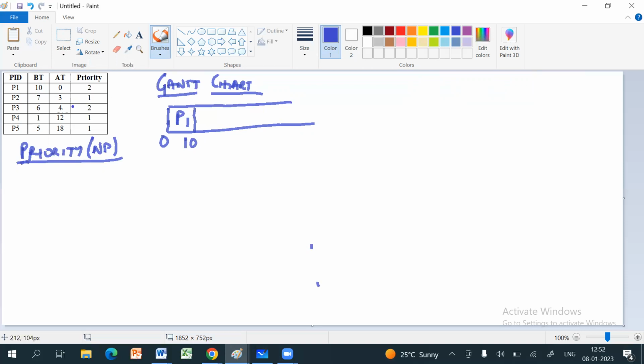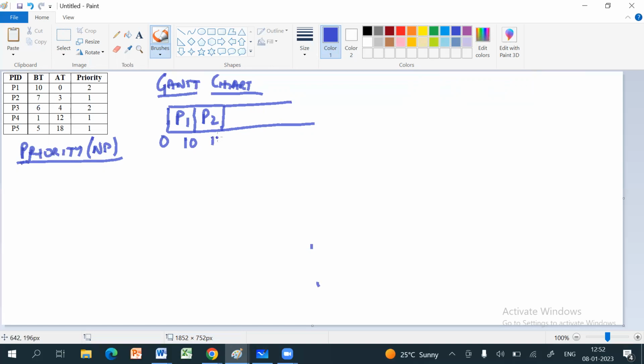In the priority column, P2 has a lesser number in comparison to P3, so P2 will be scheduled first. P2 has a higher priority than P3. P2 will continue for 7 units of time from 10 because of the non-preemptive version.